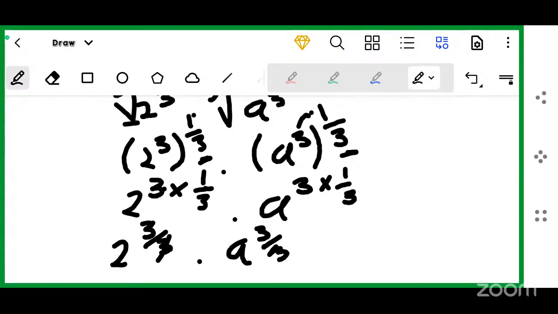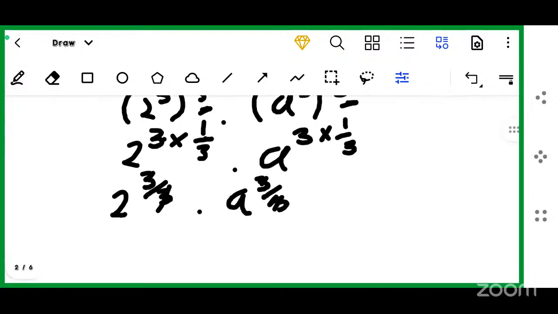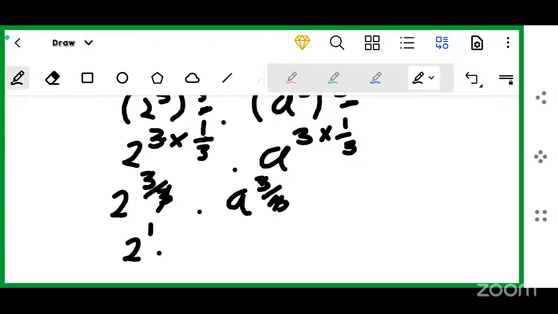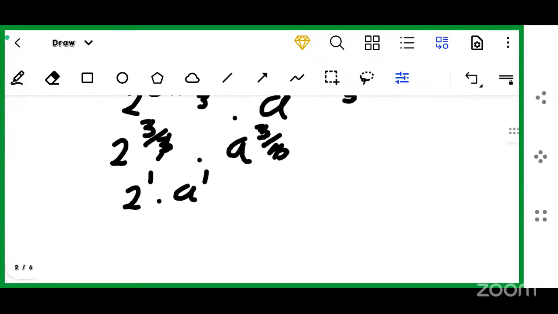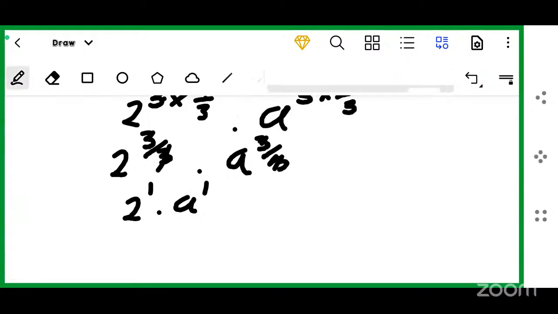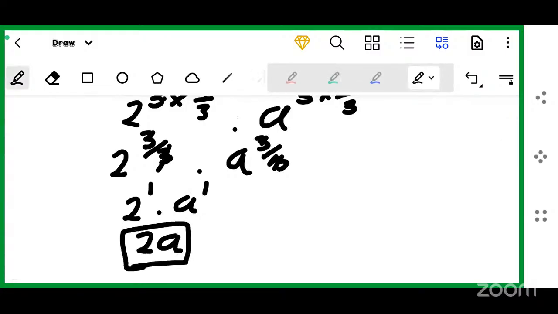The 3 and the 3 cancel and form 1. So you're gonna be left with 2 to the power of 1 multiplied by a to the power of 1, which is the same as writing 2a as your final answer.